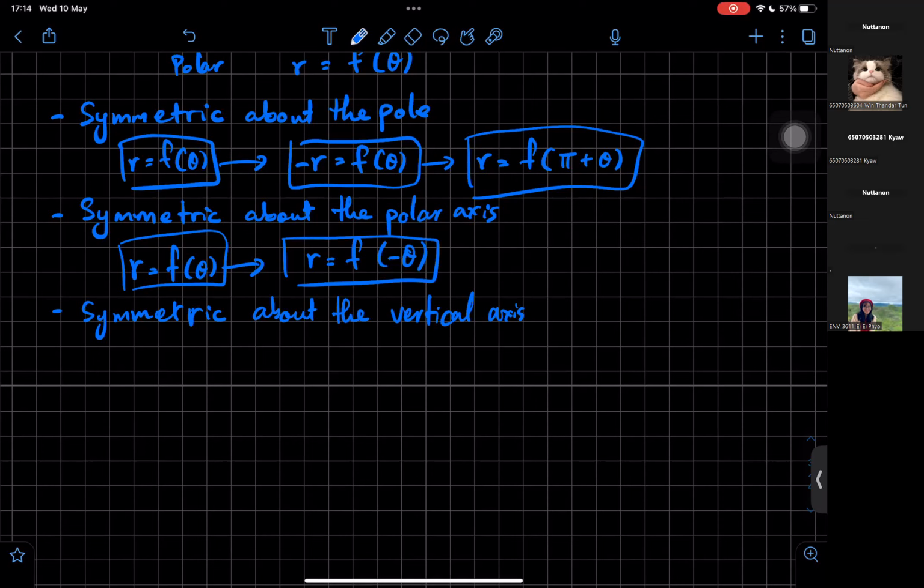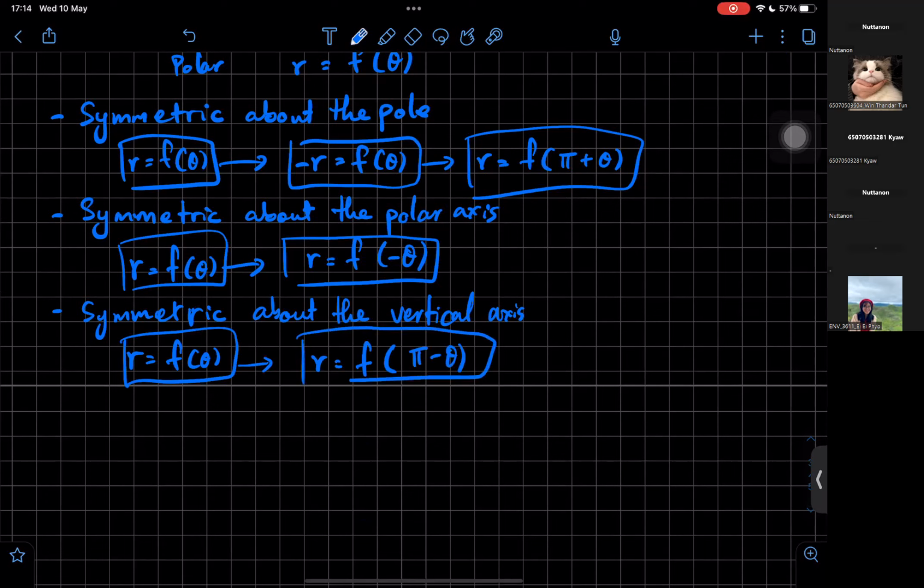And for the last one, r equal to f of theta, you can change theta to pi minus theta. If these two are equal to each other, then it means it's symmetric about the vertical axis.